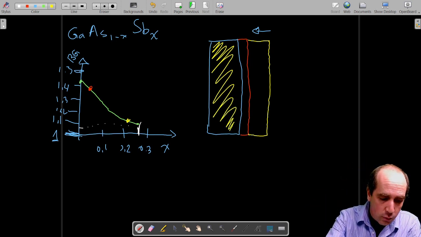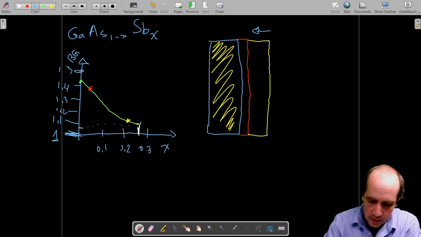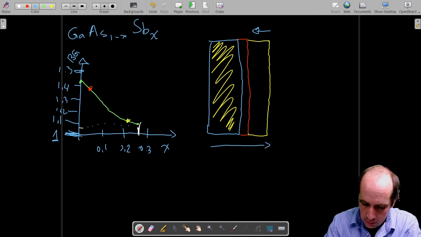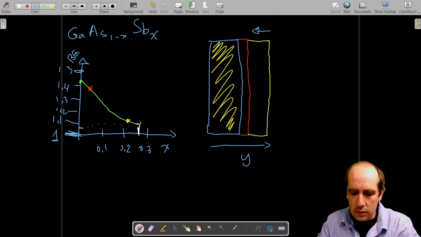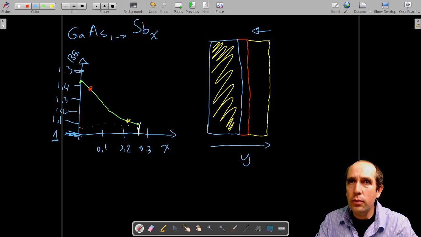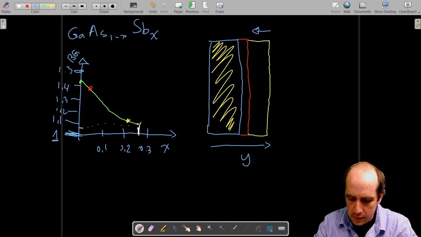This means that as we move along this direction, and let's call this direction y, just not to confuse it with the x layer, that is the alloy fraction, the question is, how do the bands look? And the answer is, they will look something like this.